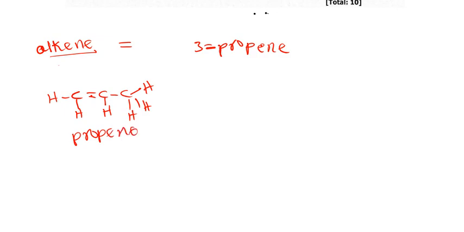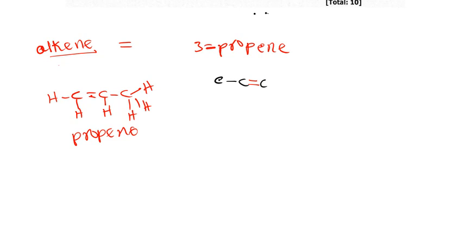Then in the second one, you can just shift the position of the double bond. So let me do it like this. Carbon, instead of me putting the double bond here, I'll shift it to the other position. So we are going to have a double bond this side, then the third carbon there.